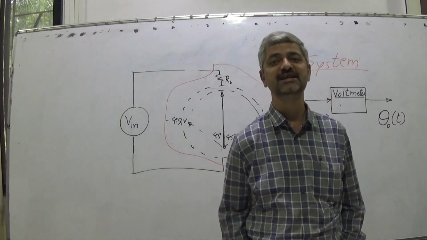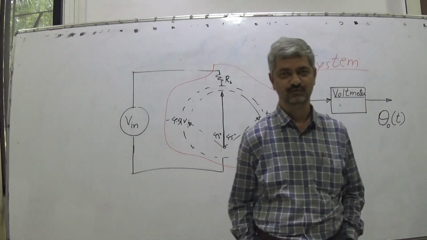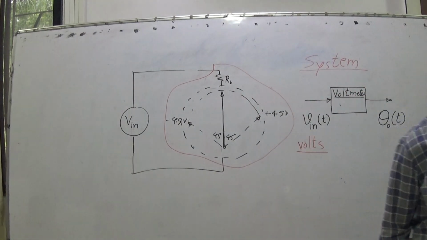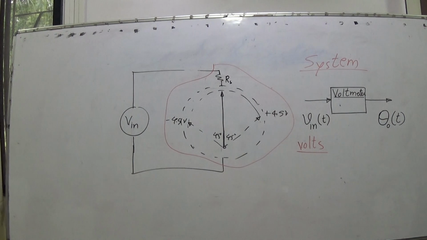What is the input signal? Voltage signal, its unit is volts. What is the output signal? Output signal is angle of deflection. So what is the unit of angle? Can anybody explain? What is the unit of angle?